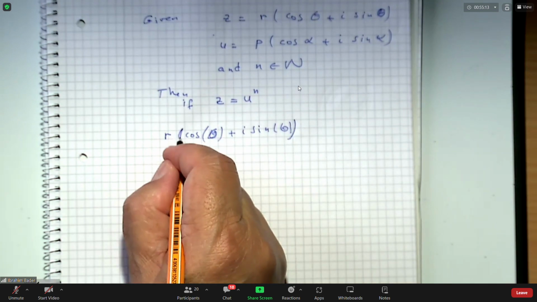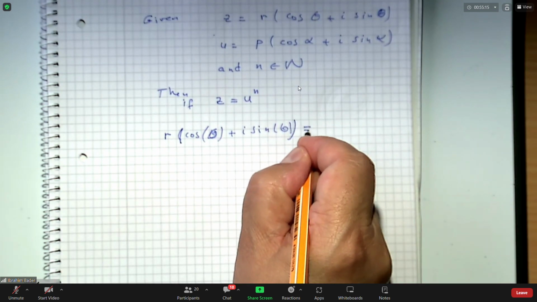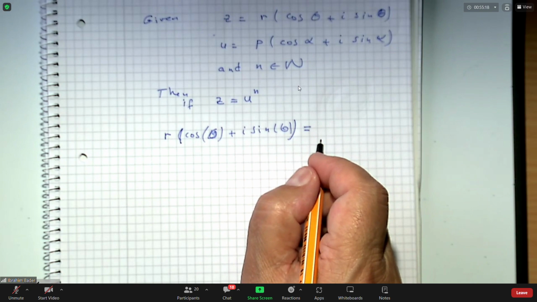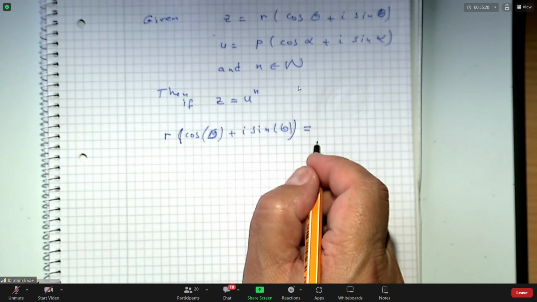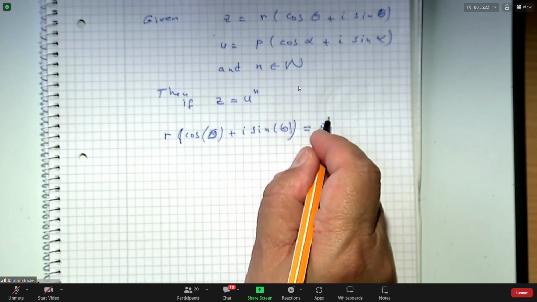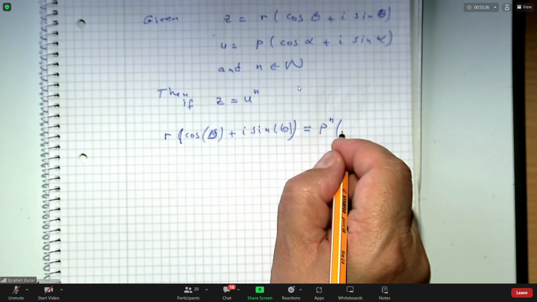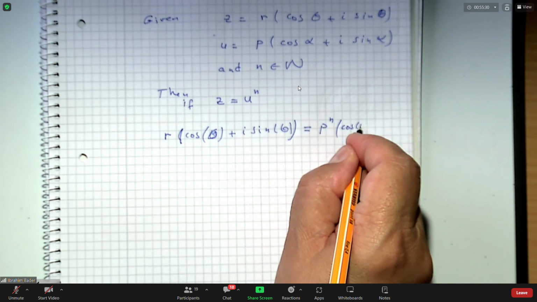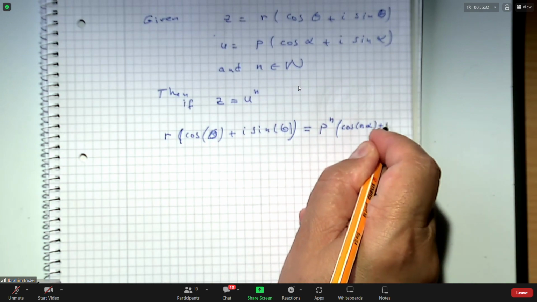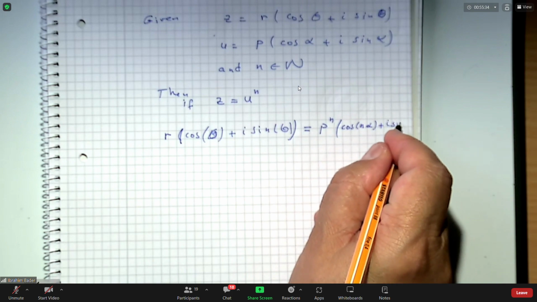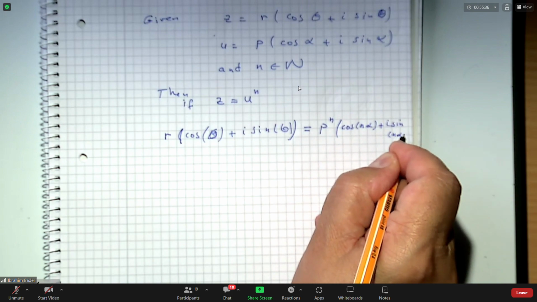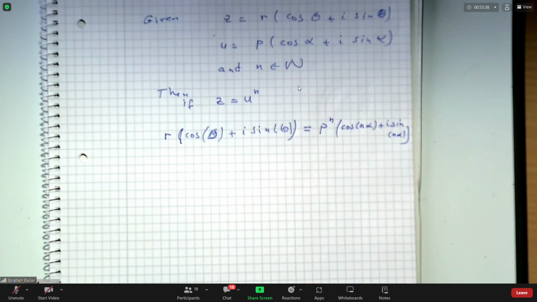So this is the left hand side. Right hand side, I have what? I have p, u to the power n. So p to the power n, using De Moivre's theorem, and then I have cosine of n alpha plus i sine n alpha. I just applied De Moivre's theorem.